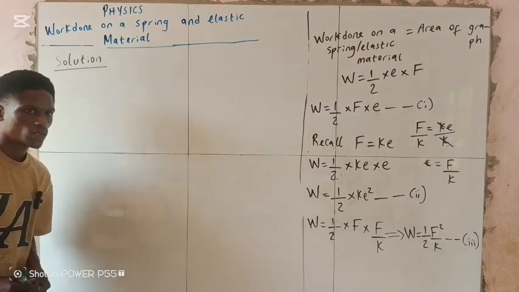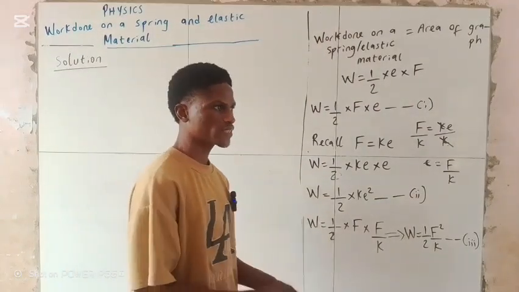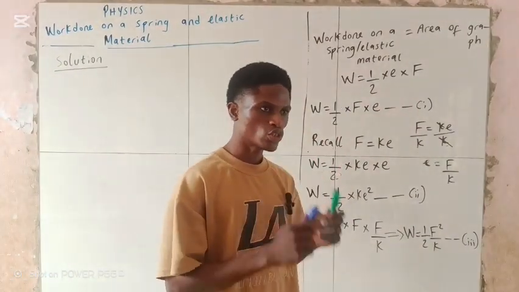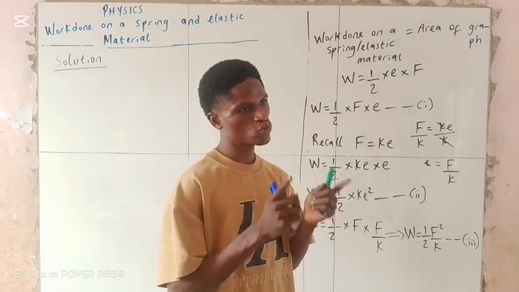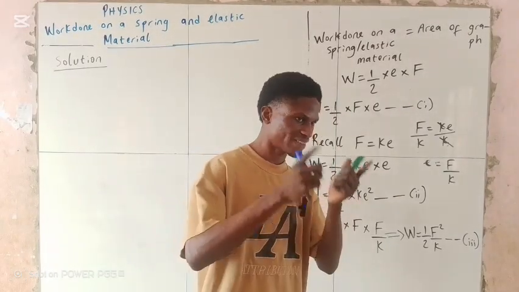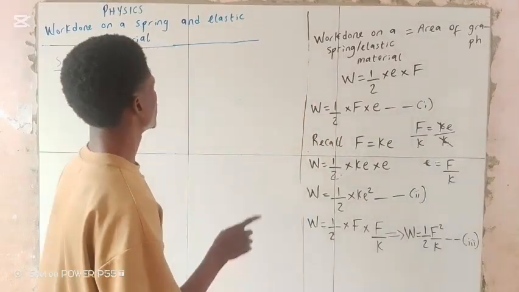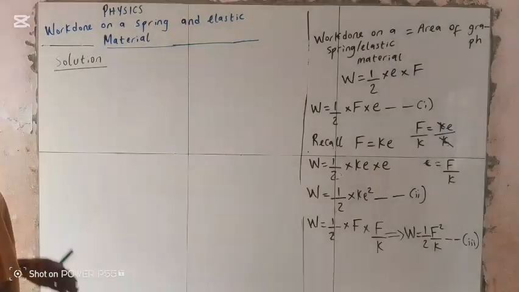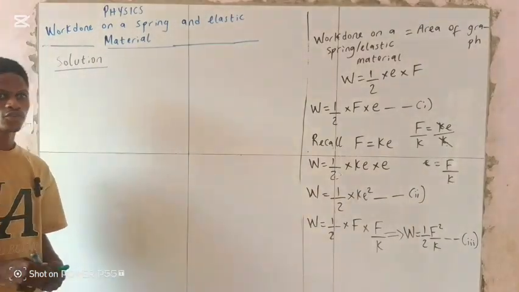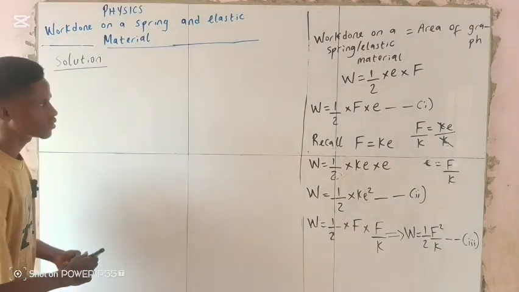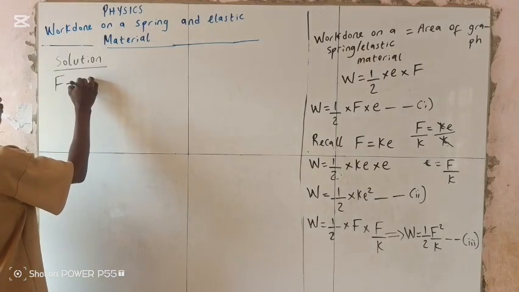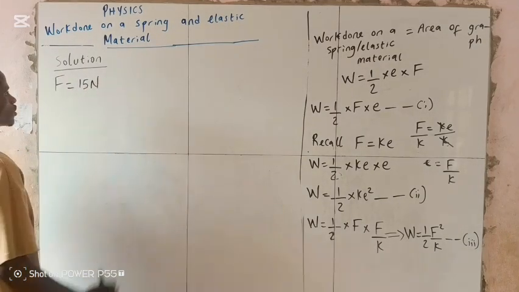Now, as usual in physics, if we see any question, the first thing to always do is to state your parameters. In that question, what parameters are we given? We are given force, 15 Newton.